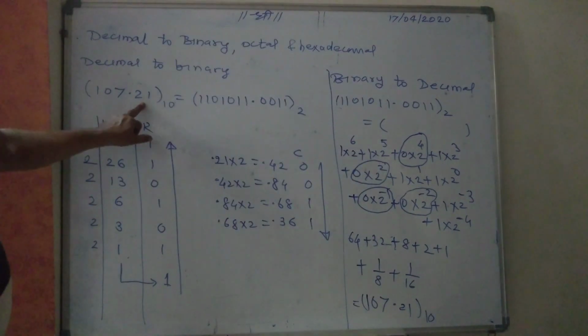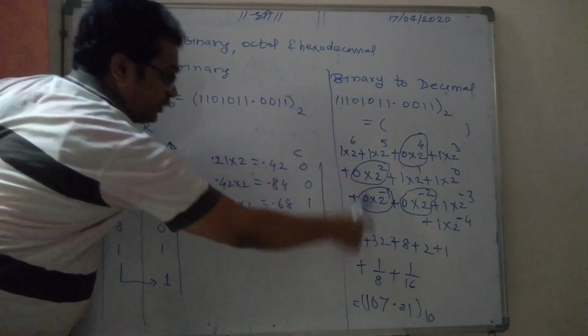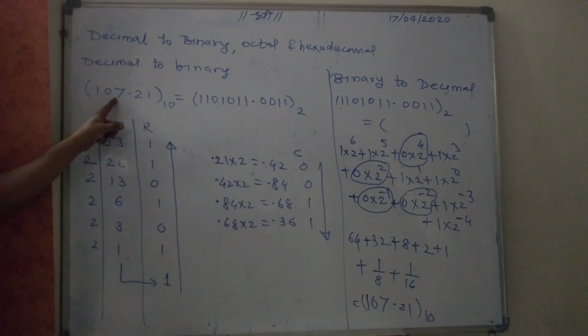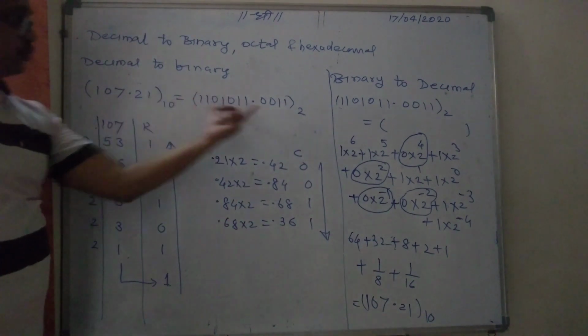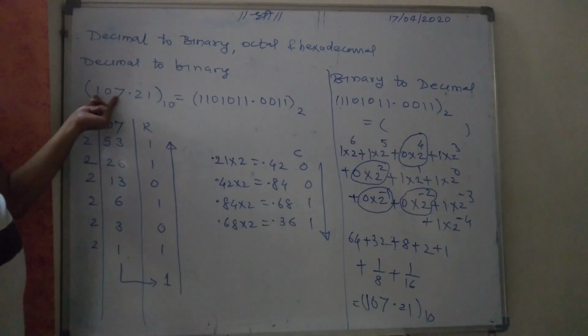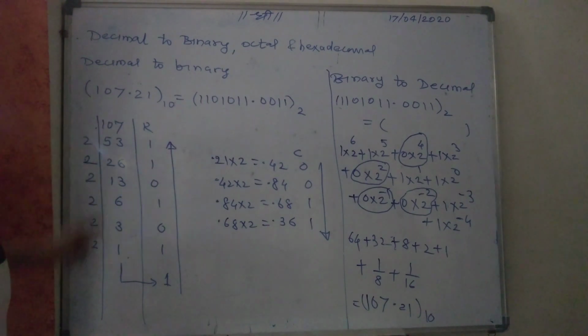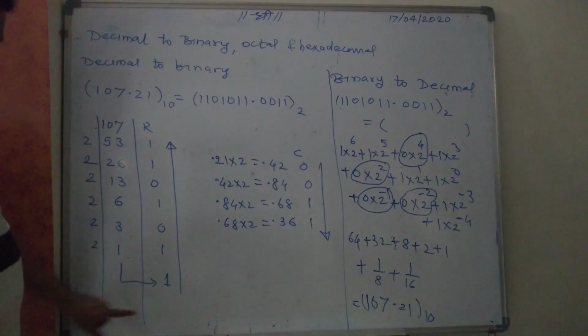So by converting this binary number into decimal, we got the same number. First I converted this number into binary: divide the integer part by 2 till the division is terminated. Here, since it is not divisible by 2, carry this 1 here and write the number from bottom to top.